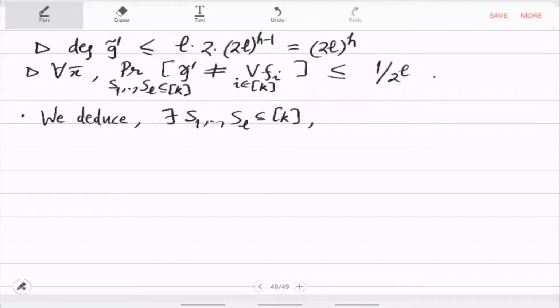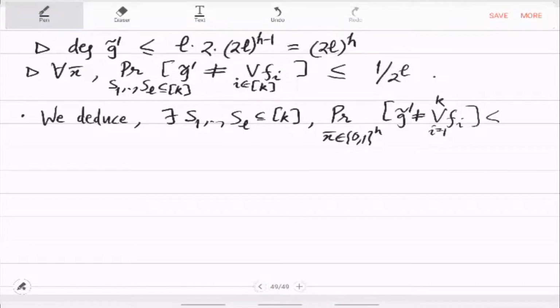such that the probability now over x bars of this bad event happening is equally small, right? So you just swap it.